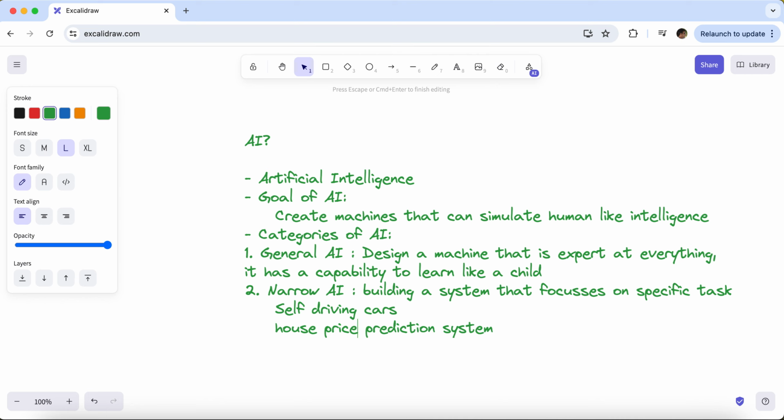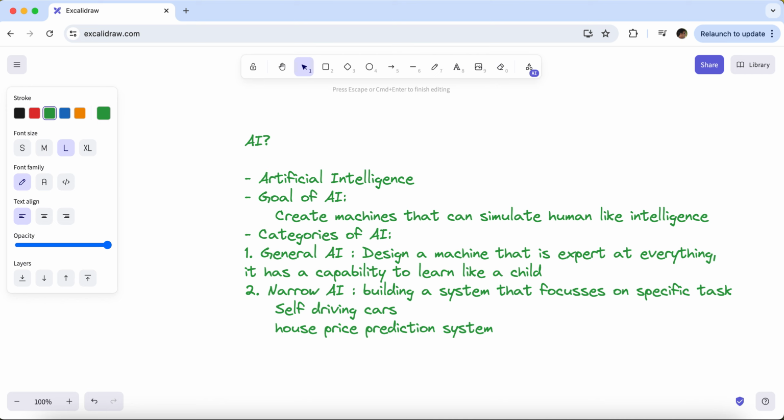SMEs from various industries are coming up with their own thoughts on how we can generate an application, a system, a machine that can handle one specific task. Having said that, it has to handle it in a very good, positive, basically constructive way. So this is narrow AI.